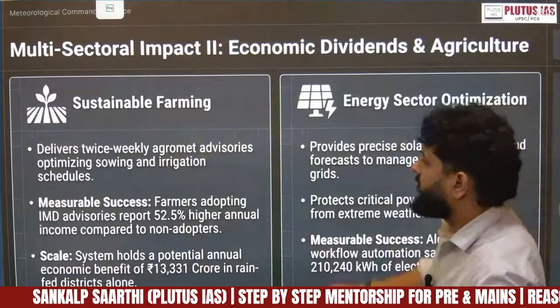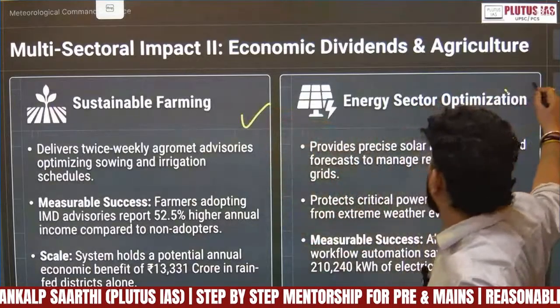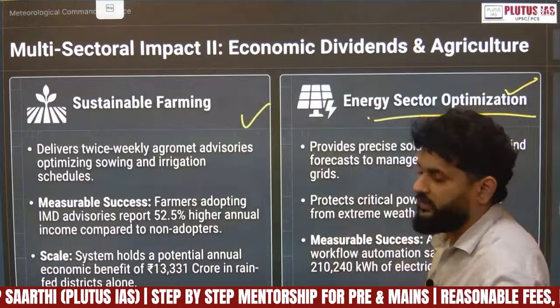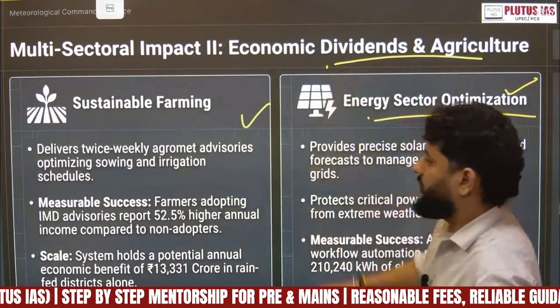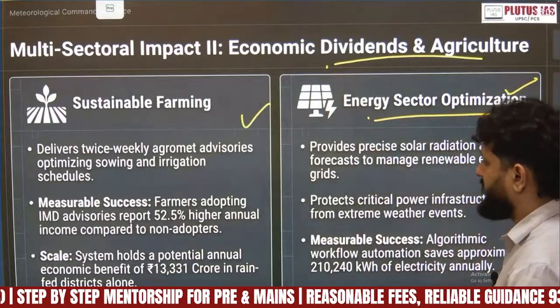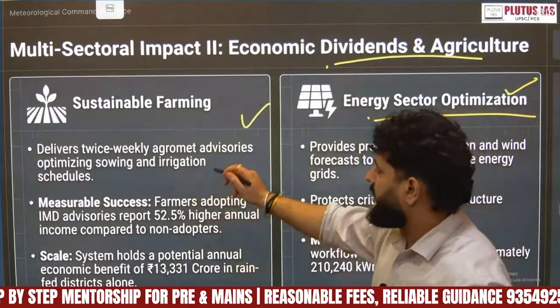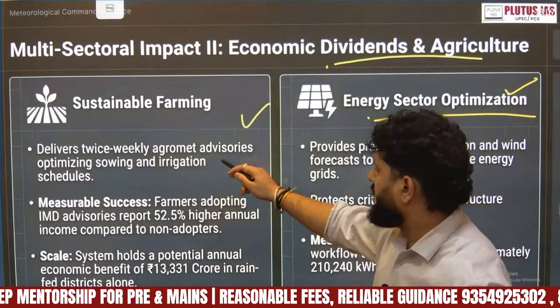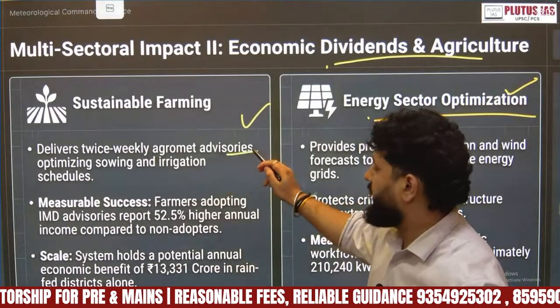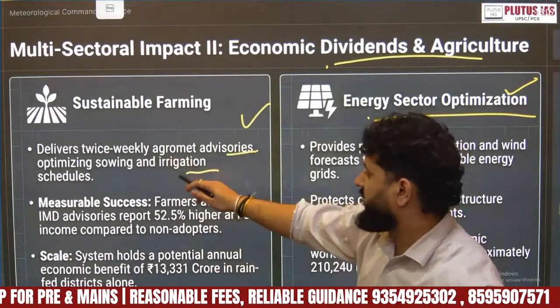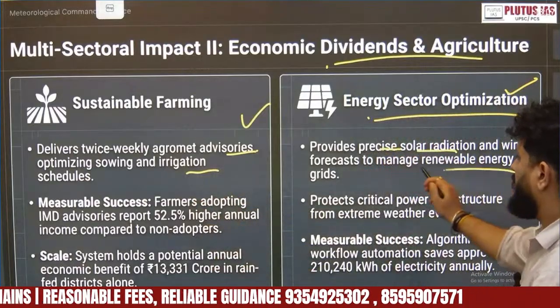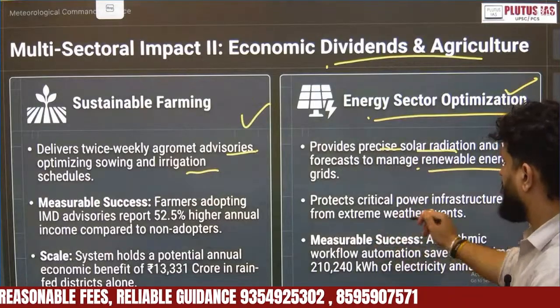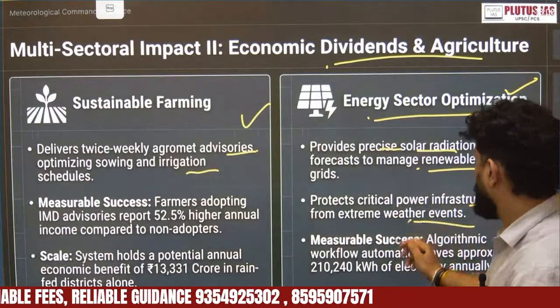What about sustainable farming? How can we do sustainable farming? Energy sector optimization. All these are the major impacts on different segments, like delivering twice-weekly agromet advisories, optimizing sowing and irrigation schedules, providing solar radiation forecasts with wind forecasting to manage power, and protecting critical power infrastructure from extreme weather.